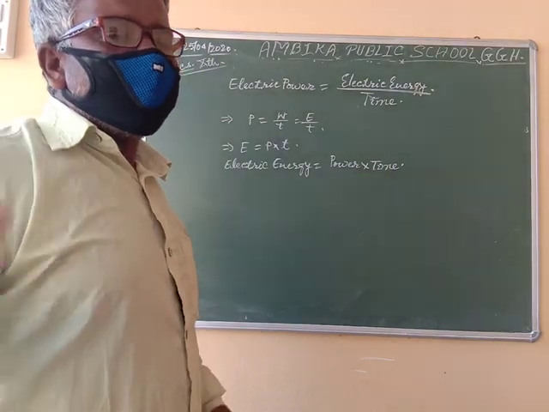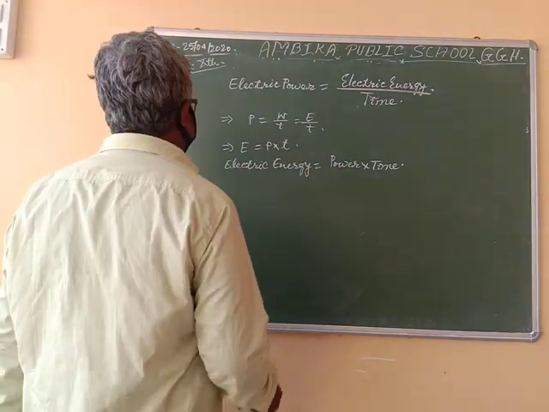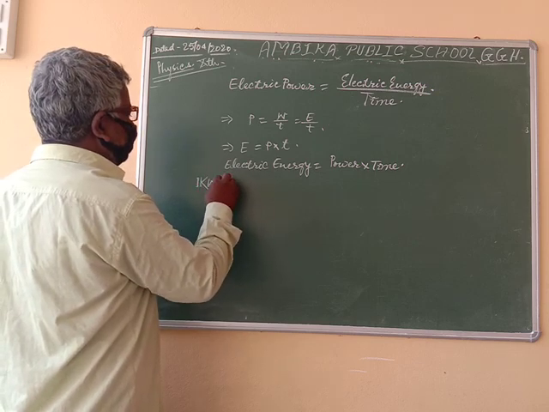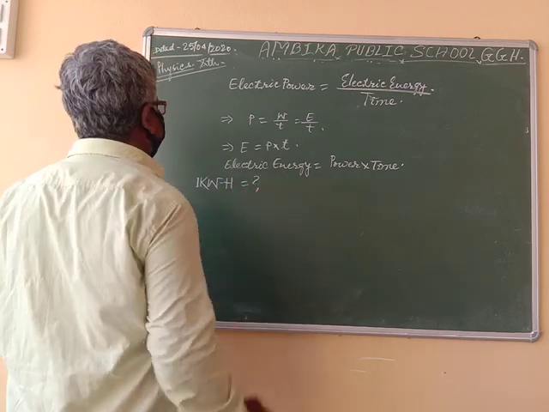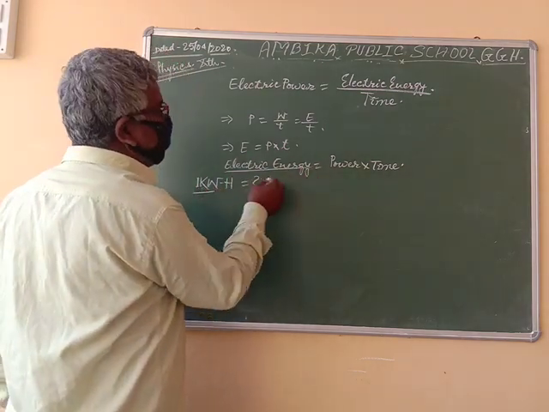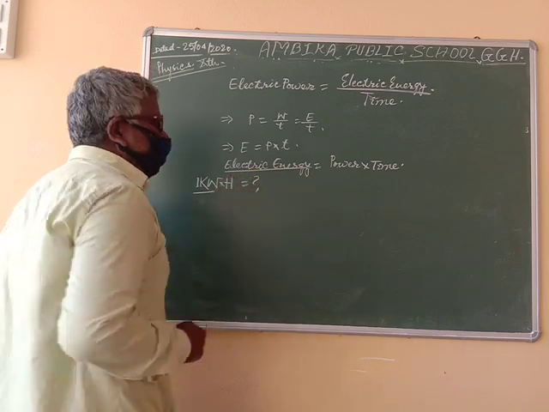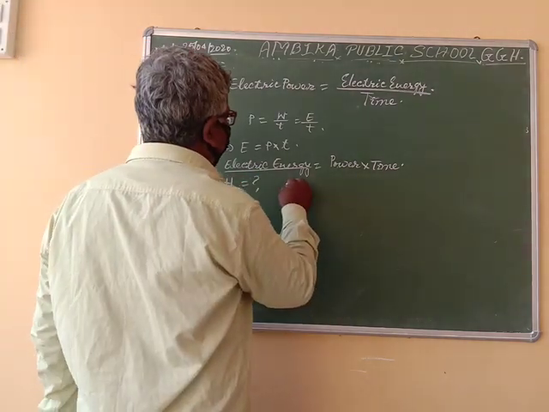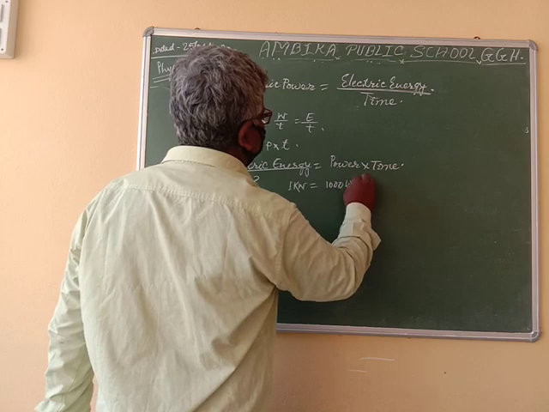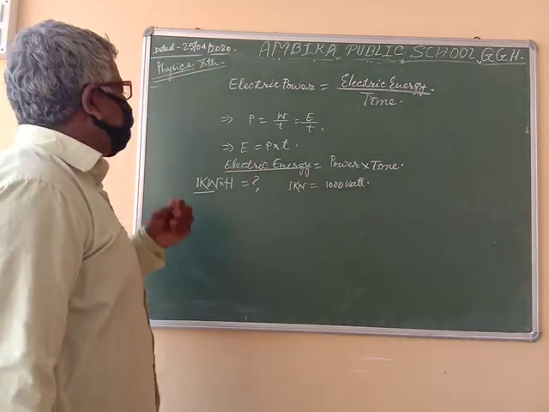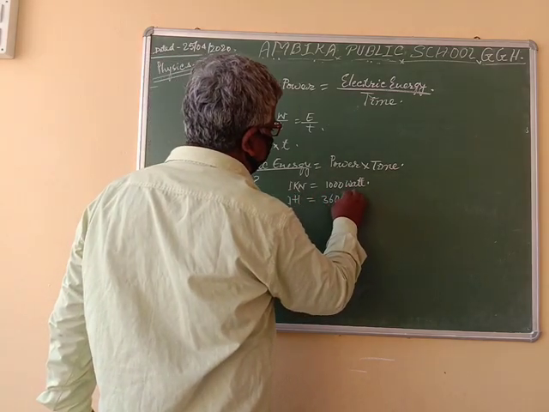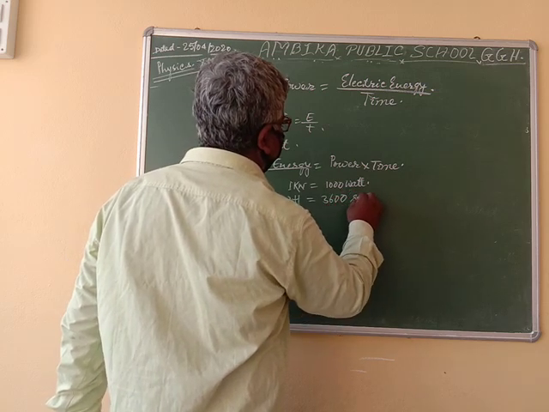Suppose we find out 1 kilowatt hour. Electrical energy is equal to power into time. 1 kilowatt is equal to 1000 watt, am I right? And 1 hour is equal to 3600 seconds.